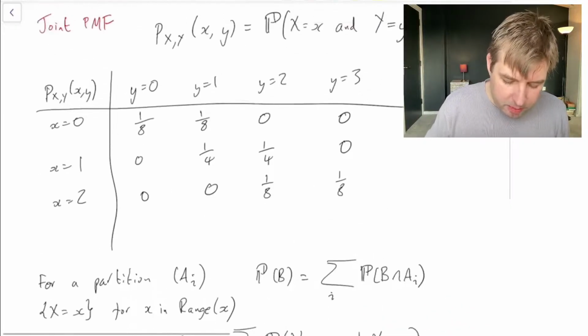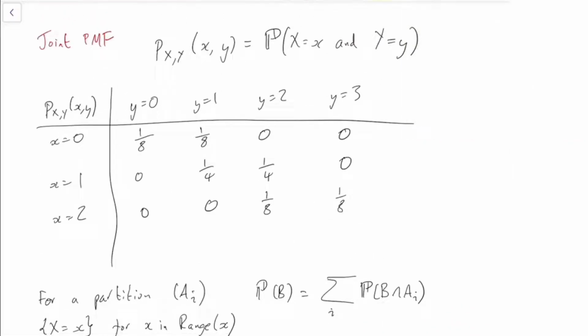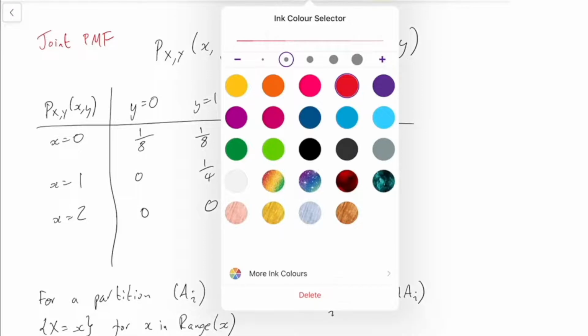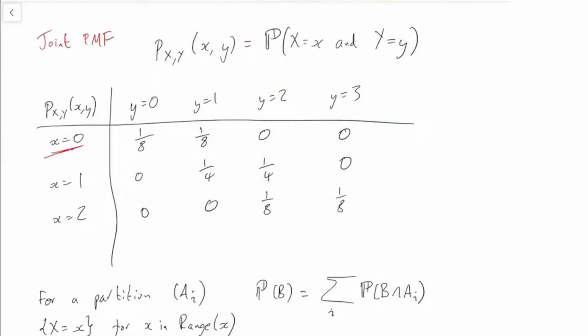So if we think about what that means for our table up here, if we want to calculate the marginal probability that X equals 0 from this table, we need to sum up this row, and that gives us an eighth plus an eighth equals a quarter.